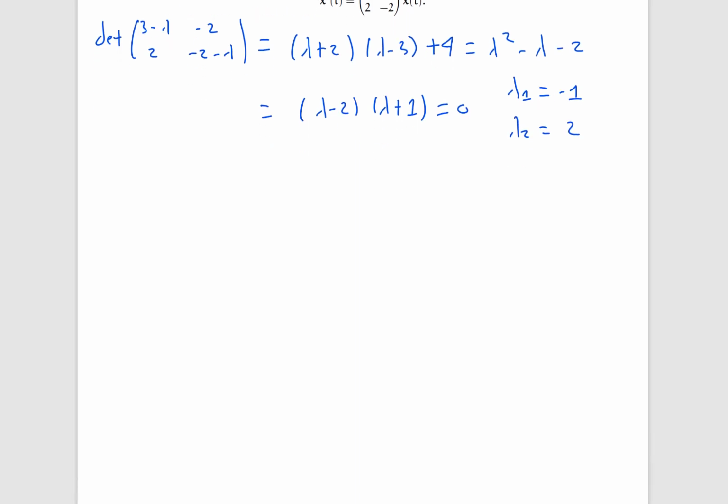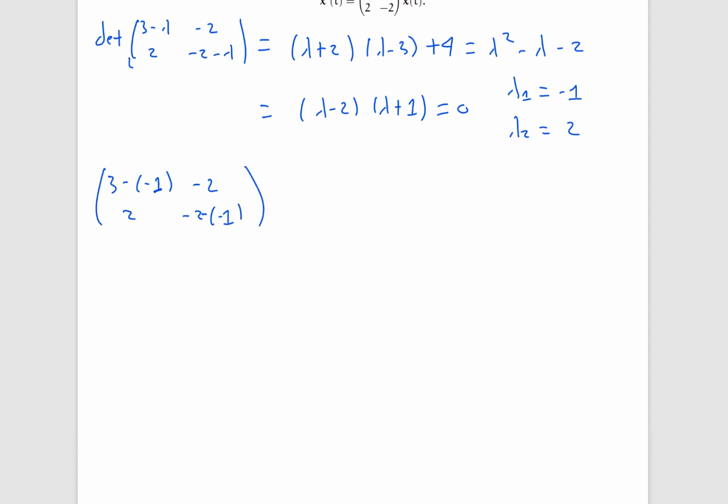Okay, so that's eigenvalues. Now to find the eigenvectors, we're just going to solve this equation, let me just write it out. It's going to be 3 minus 1. So now we're finding the eigenvector associated to the eigenvalue minus 1. This is minus 2, minus 1.